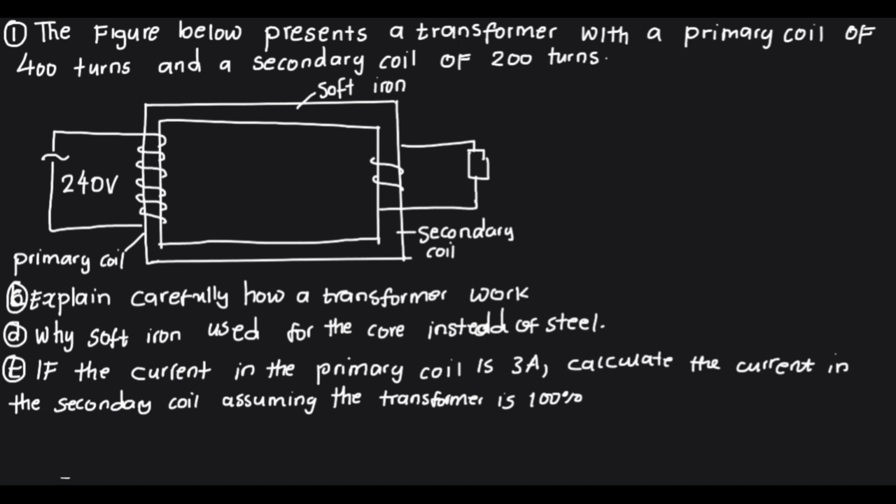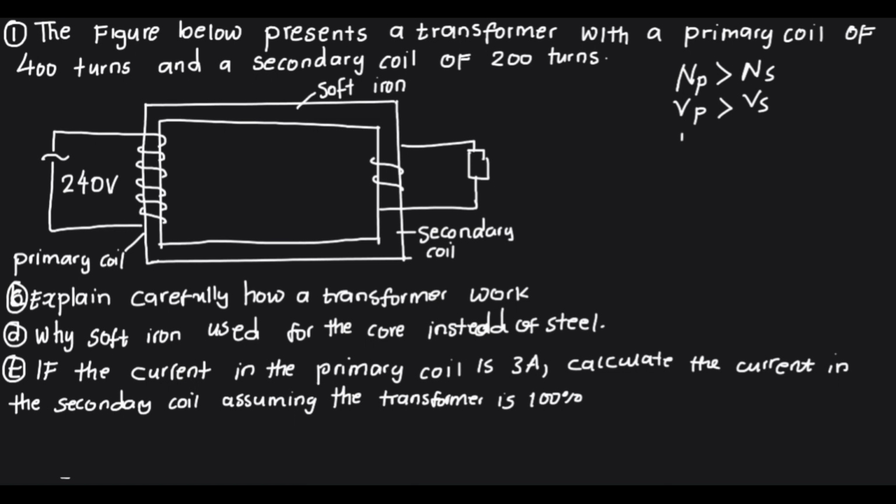Now let's look at question E. If the current in the primary coil is 3 amps, calculate the current in the secondary coil, assuming the transformer is 100% efficient. We'll begin by looking at point number 1: number of turns on the primary is greater than number of turns on the secondary. Then we say the input voltage is greater than the output voltage.